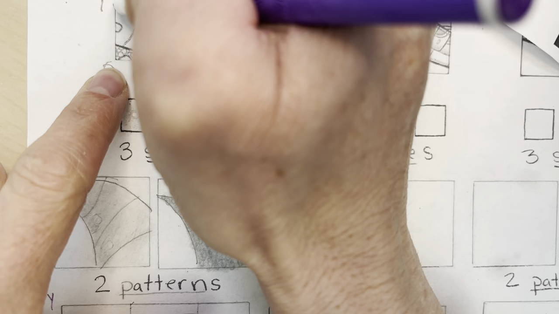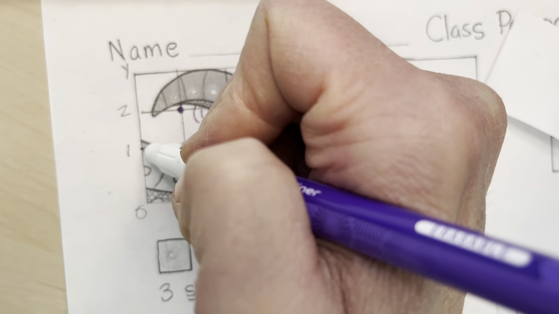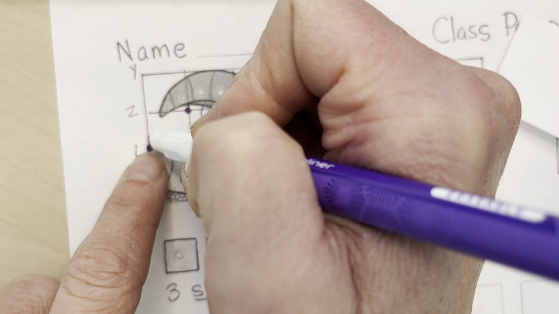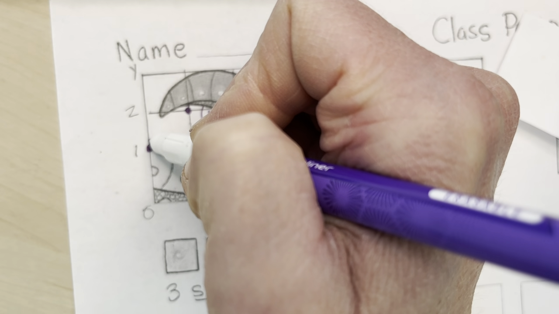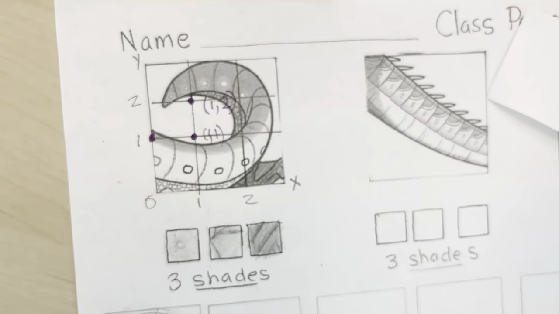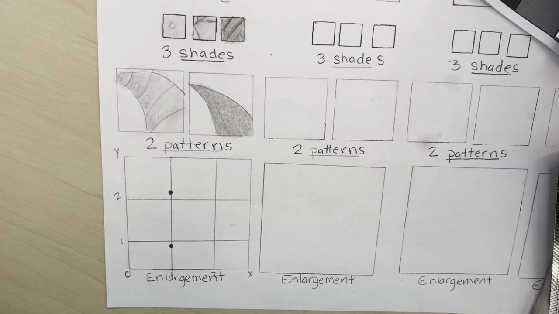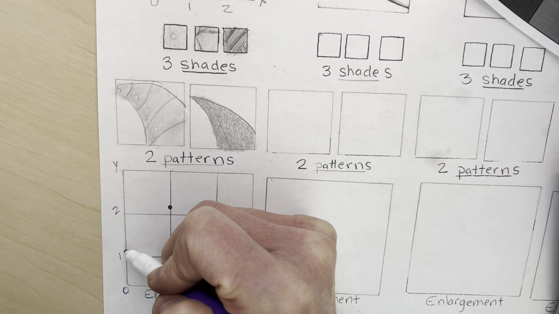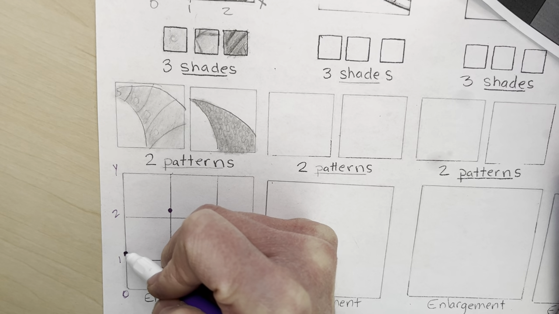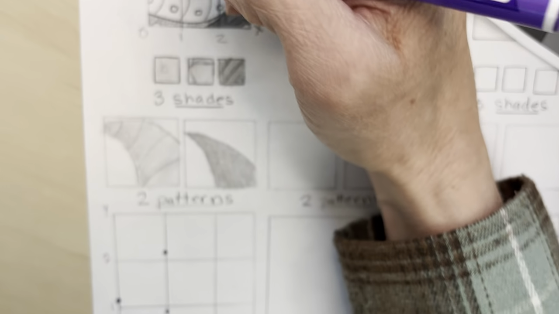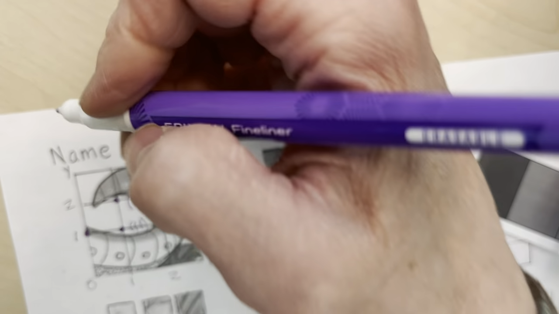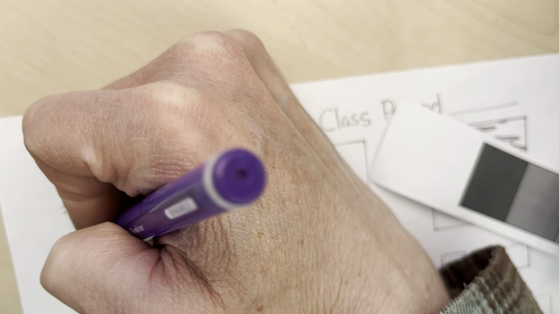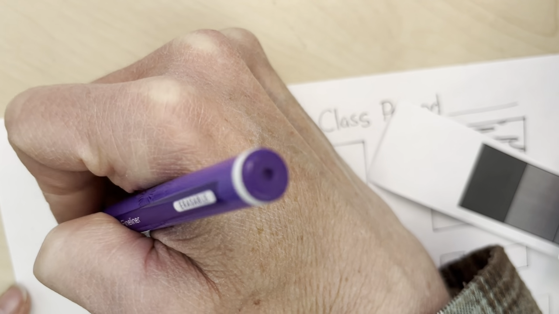Now here's a point 0, 1. And this is just a little bit higher than 0, 1. So if here's 0, 1, it's a little bit higher than 0, 1. All right, so we know that between these points, that's the shape we're going to make.